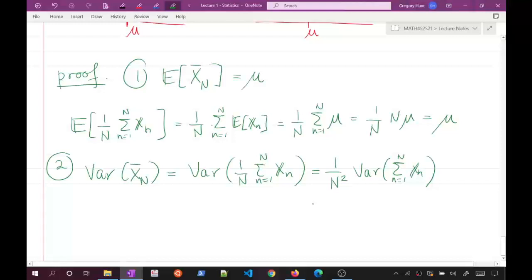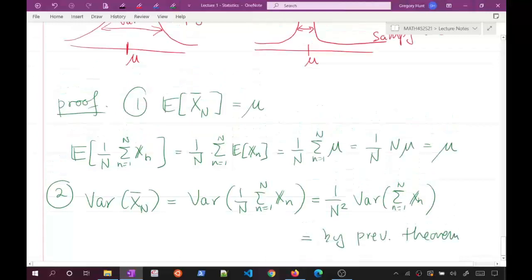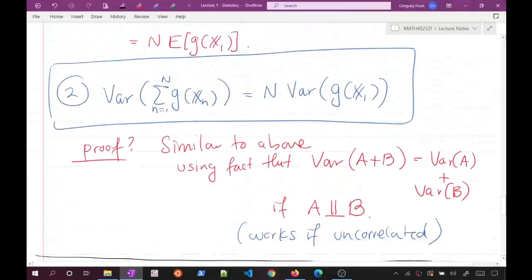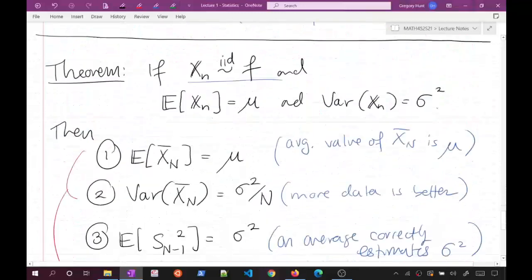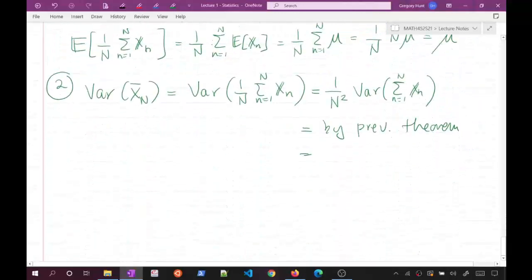And then our previous theorem. By previous theorem, I mean the one up above that talked about sums of random variables. The variance of the sum of things is just n times the variance of any of them, assuming they're independent or at least uncorrelated.